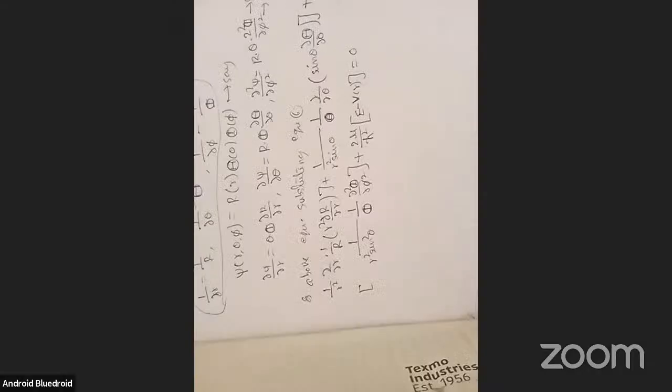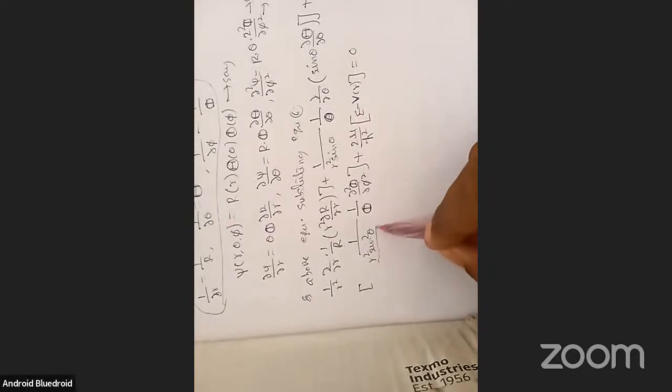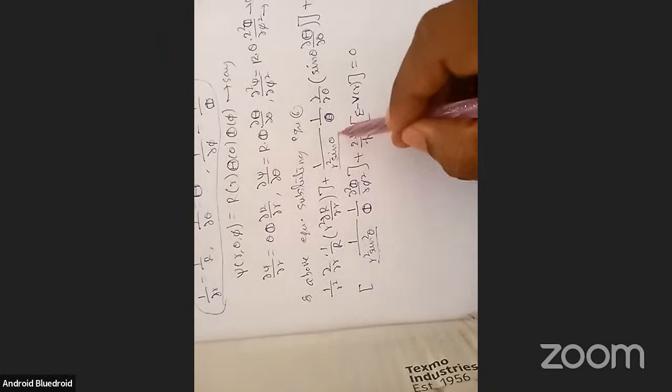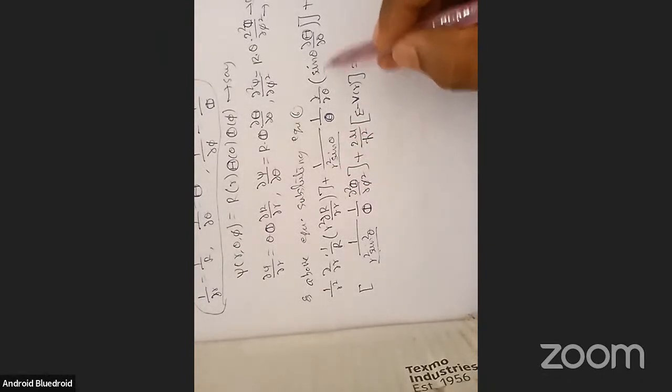So next, multiplying both sides by r square sin square theta. Here r square sin square theta, next one is here r square sin theta, next here sin theta.